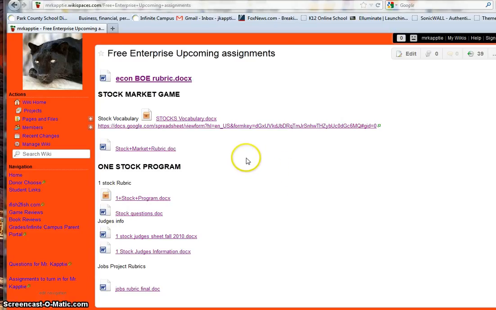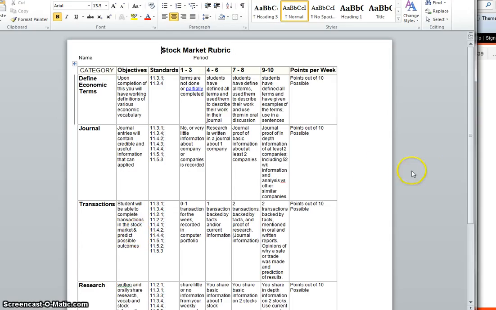The next piece of the puzzle is this right here, and you're going to either read this in class or read it at home, and we're going to discuss it tomorrow. And so when you click on the stock market rubric, it essentially comes up and defines economic terms, what standards it's connected to.